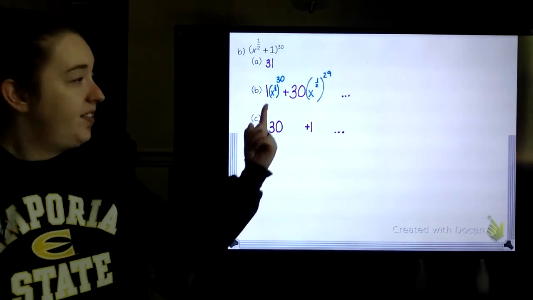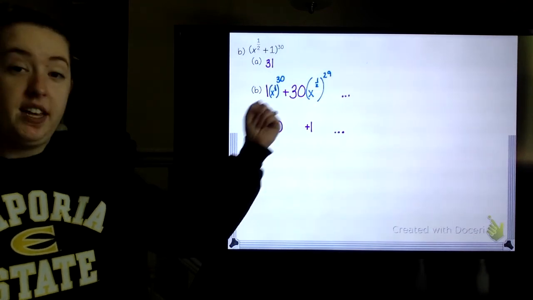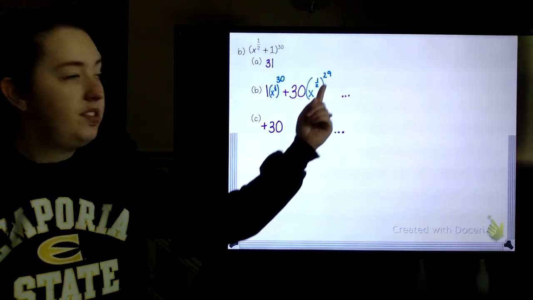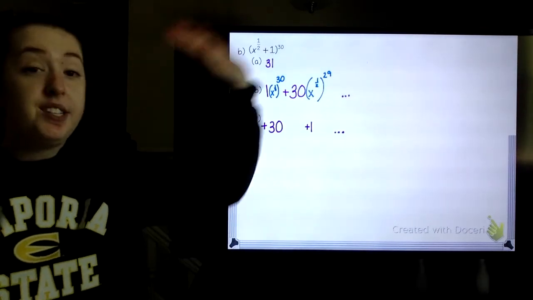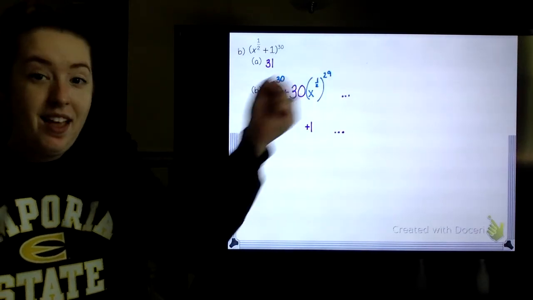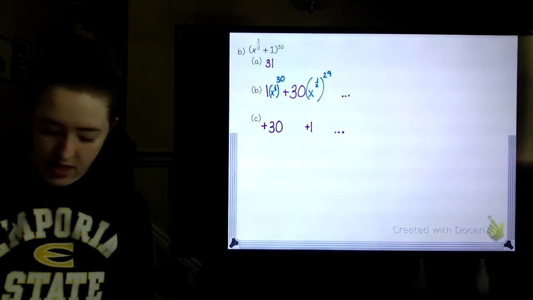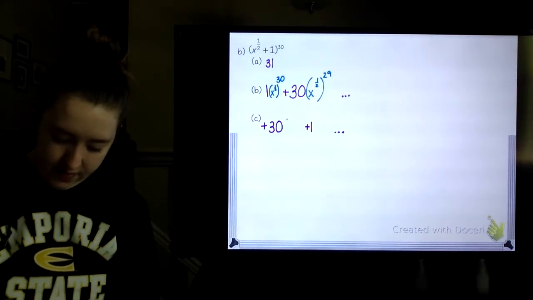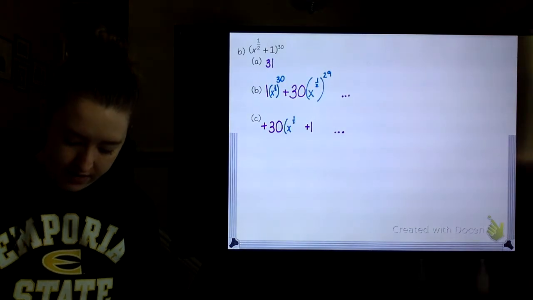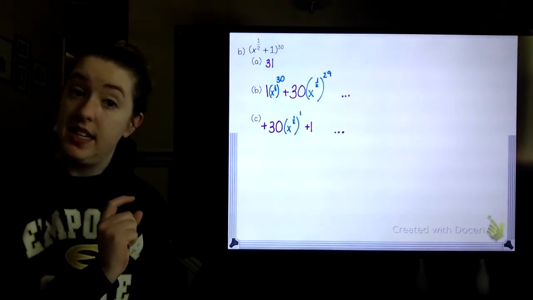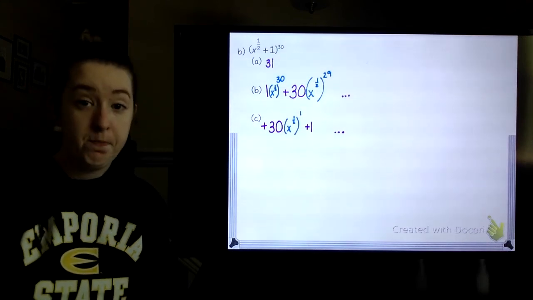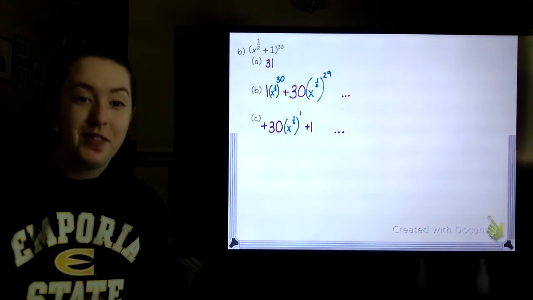So we'll have x to the 1/2 to the 30th, and then x to the 1/2 to the 29th, and then to the 28th, 27th, 26th, and so on, until we get to the end. And then we'll have x to the 1/2 to the first, and then x to the 1/2 to the 0, meaning it's not there at all. Now let's go through with the 1.